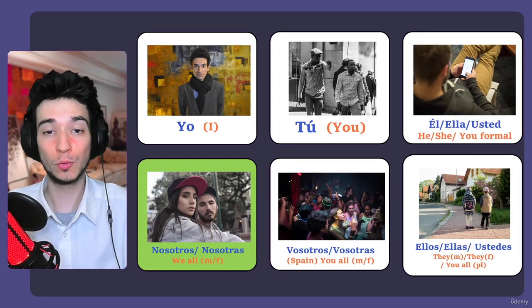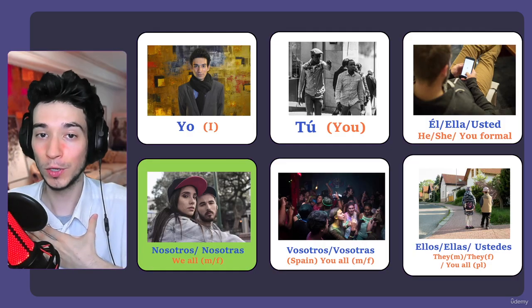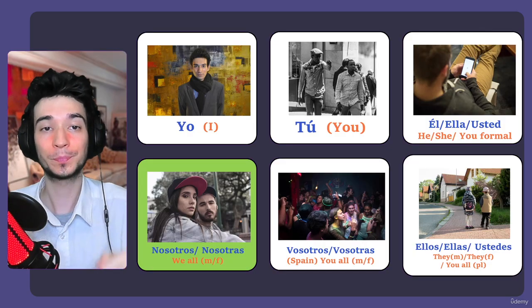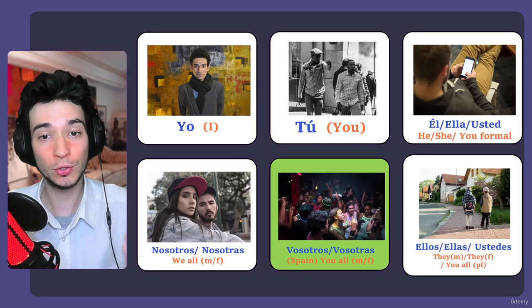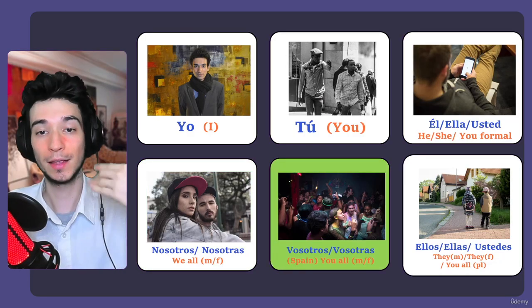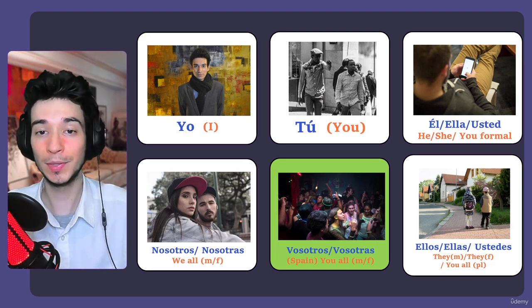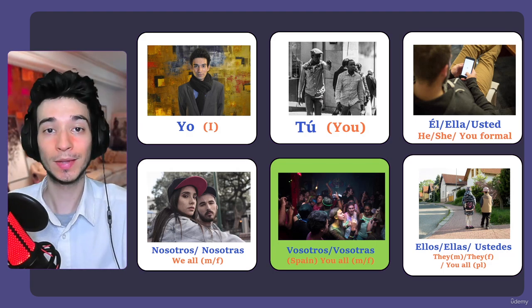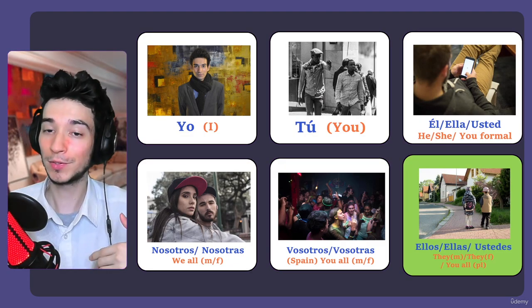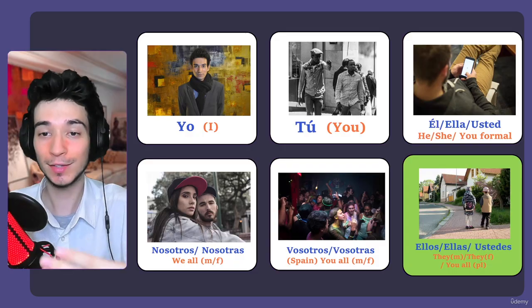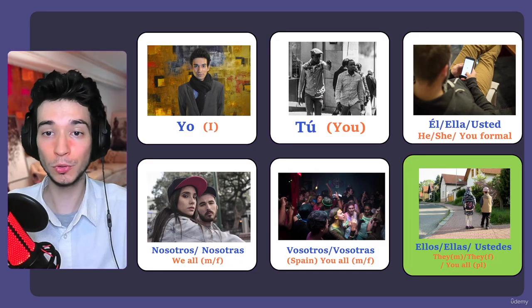The next one, nosotros or nosotras, we all, masculine or mixed for nosotros, feminine for nosotras. Then vosotros or vosotras, you all, but only used in Spain. And then we have ellos, they, masculine or mixed, ellas, they, female, and ustedes, you all.